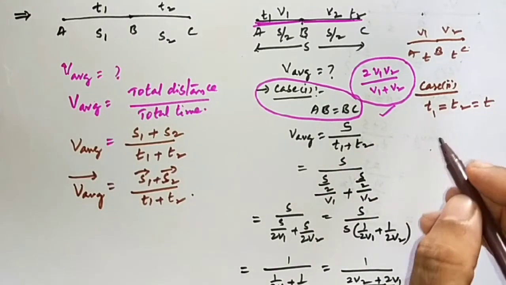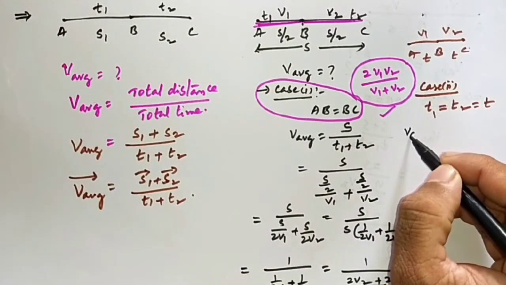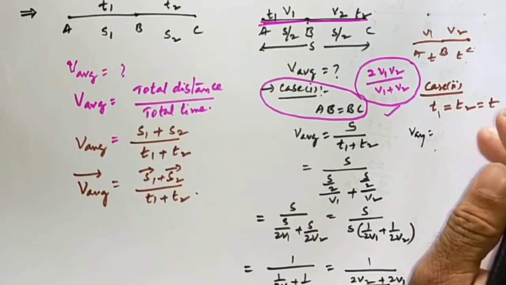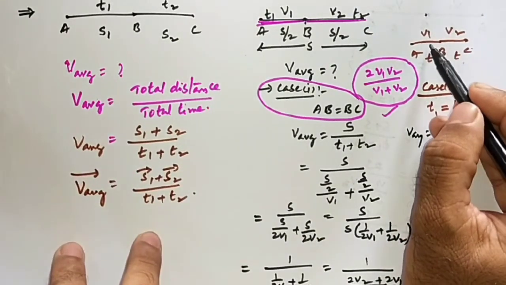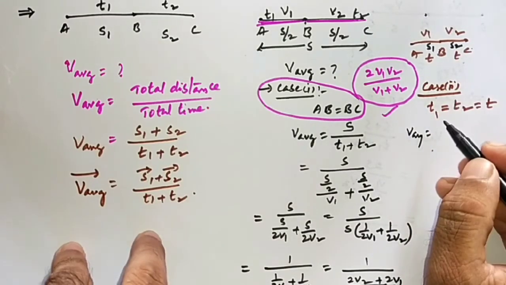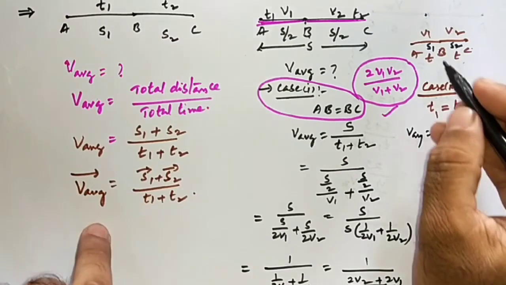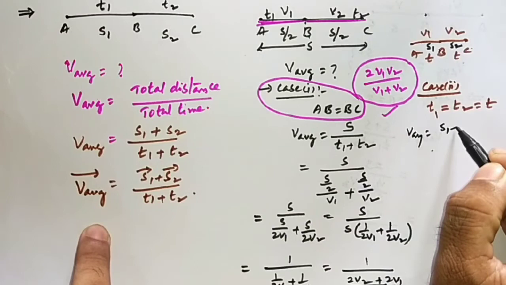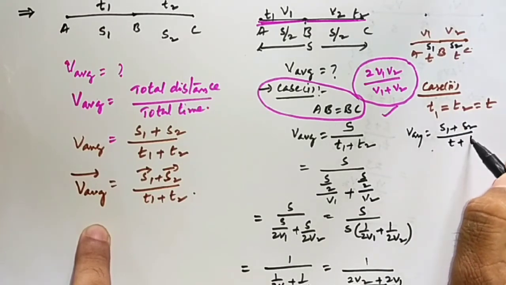Now let us see that. It is very simple. Average speed is equal to total distance by total time, but we don't know the total distance. Let us take this distance as s1 and this as s2. In mathematics we say let it be x, we don't know, the unknown quantity we take as x. Similarly here s1, s2. So s1 plus s2 by total time, t plus t.